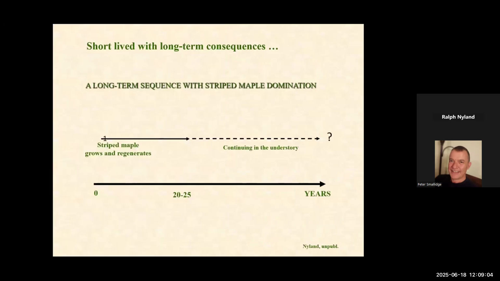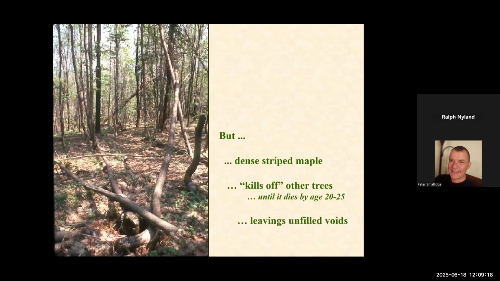But the interesting part about striped maple is they only last for about 20 to 25 years. And then little ones that germinate afterwards may continue as small plants in the understory. But the dense striped maple will kill off other trees, at least until it dies, leaving unfilled voids within the stand.